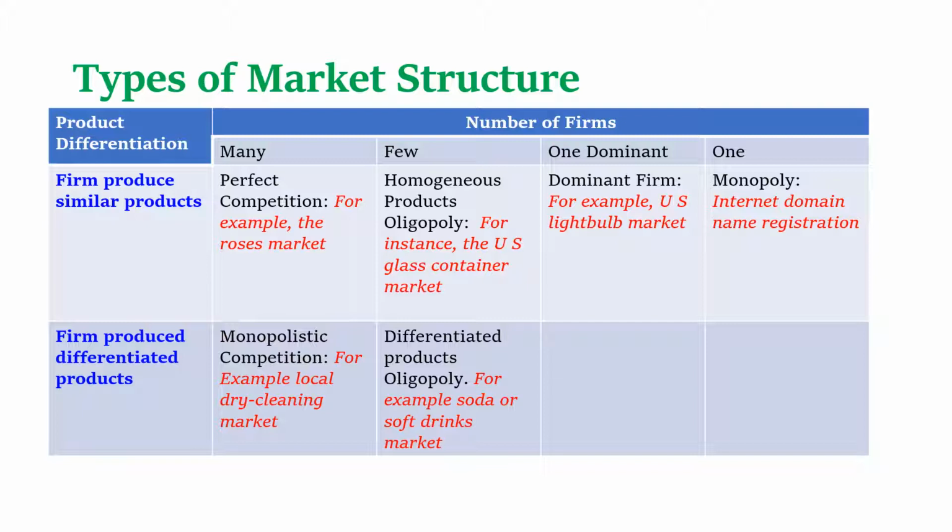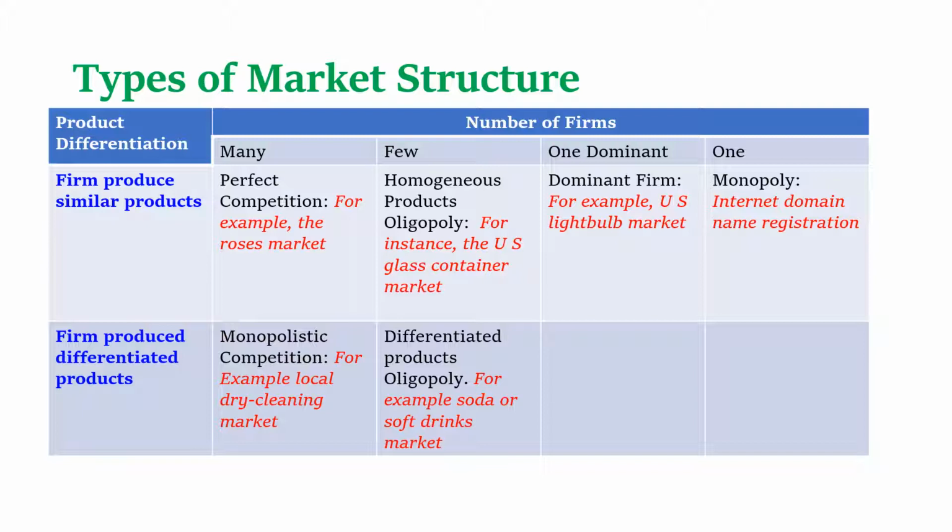So if you look at the soft drinks markets, or maybe the cereal market, you have a few firms producing cereal, Kellogg, General Mills, etc. Right? So they produce a differentiated product. The products are not the same. You go and buy cereal from Kellogg, and it is different from that produced by General Mills.